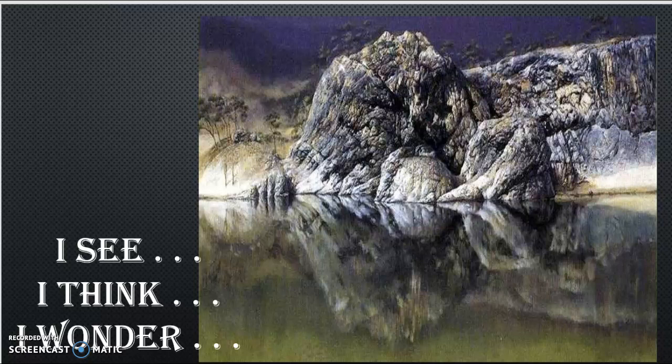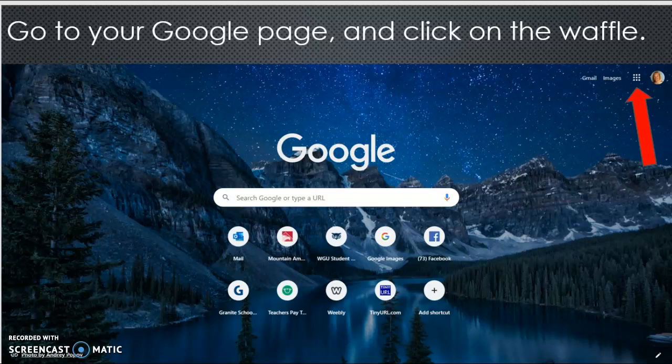And one of the things I want you to do is you will create a Google slideshow, which we have talked about before, where you will go to your Google page and click on the waffle.